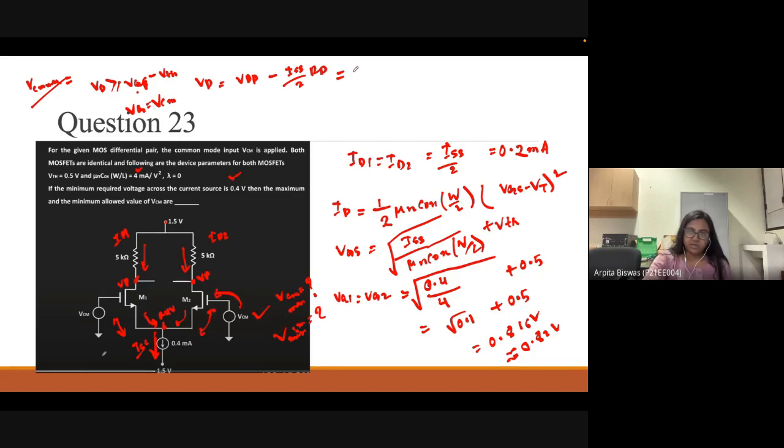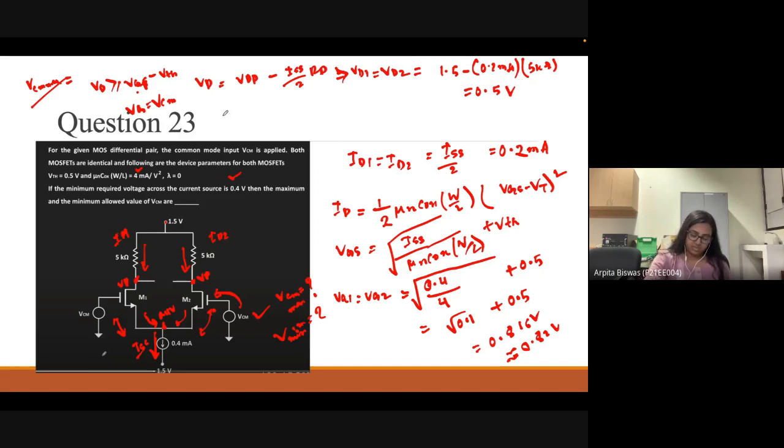So VD1 equals VD2, both identical, equal to 1.5 minus 0.2 milliamps into 5 kilo ohm. So the value is 0.5 volt. So we have the VD value.